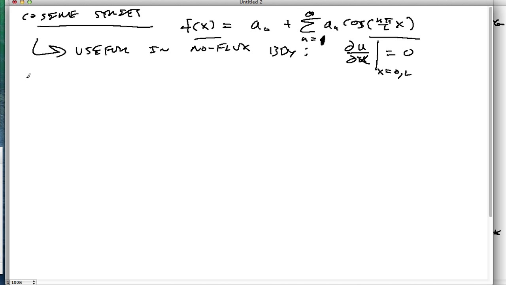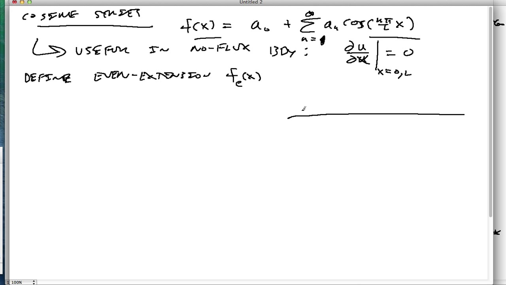But what we can do is, for our initial condition, just like we did for the sine series, define an even extension, which I'll call Fe of x. If we draw out our curve, here's our 0, there's our L, and there's our negative L. If this is our function f, defined on 0 to L, we can do the same thing by putting a mirror image on the other side.